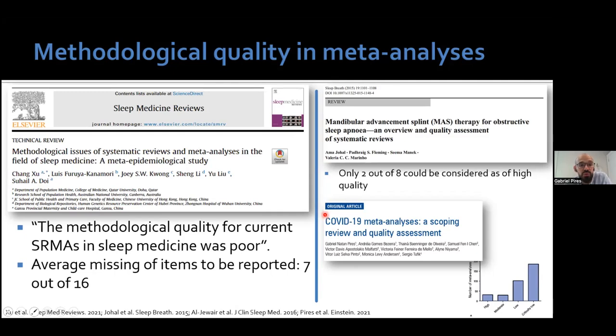This first paper here on your left-hand side was published by Sheng Xu, a very nice researcher with a very good perspective on how good systematic reviews are published. He basically took a sample of systematic reviews and evaluated the average quality using a very reliable tool named AMSTAR 2.